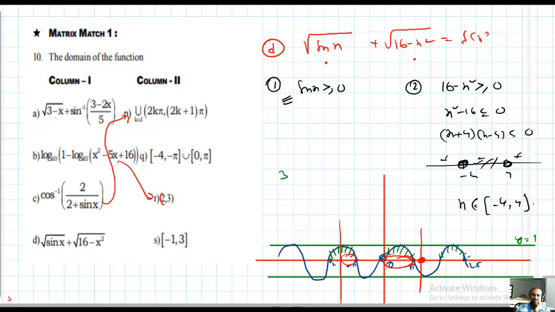Minus 4 to minus pi, union 0 to pi. This is the solution for this problem. Super question, interesting one. So I can move to the next now.